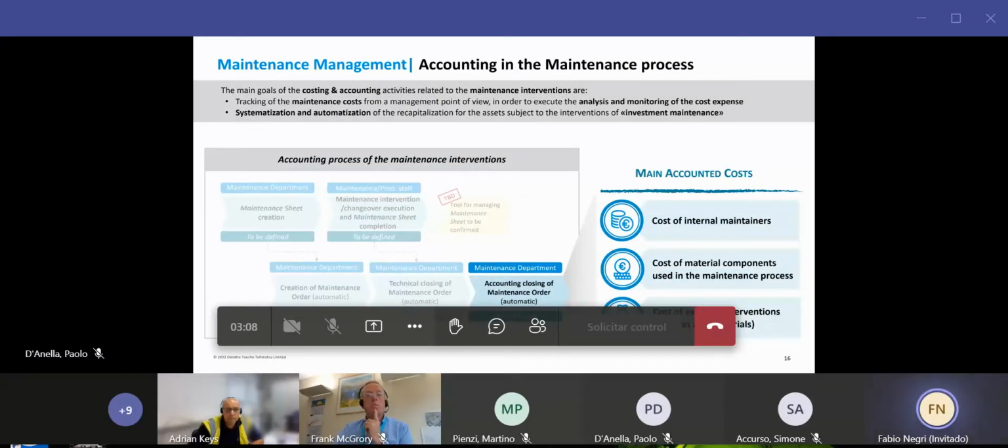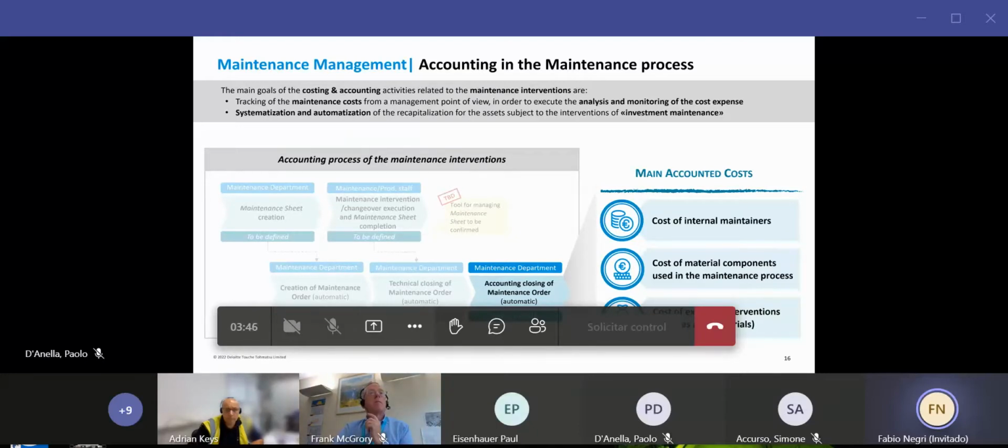Okay, so we discussed last time the process of tracking the maintenance intervention on SAP. Here on the left, you can see the process, which is the creation of the maintenance order after the input of the maintenance sheet, which is received. Then there is, on the bottom part of the slide, the technical closing of the maintenance order, and we decided that along with the technical closing of the maintenance order, there is also the accounting closing of the maintenance order.